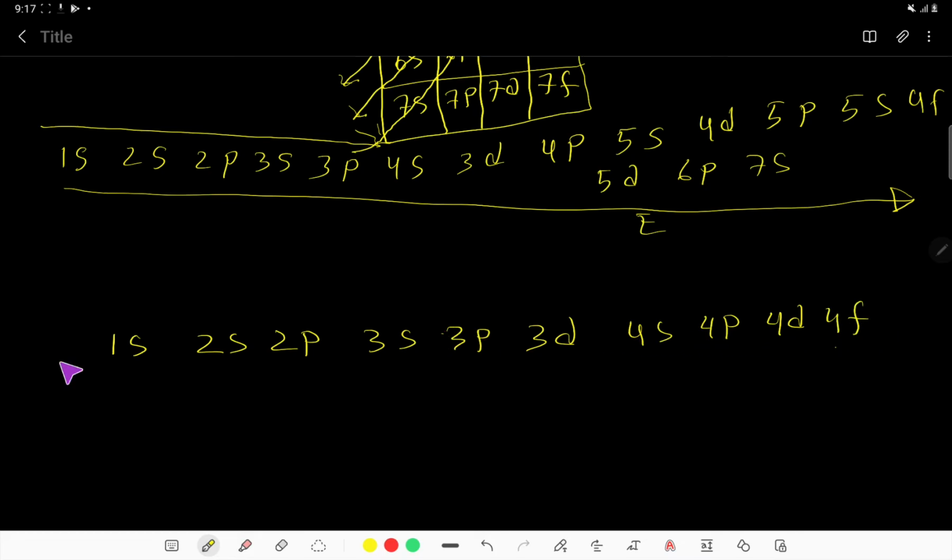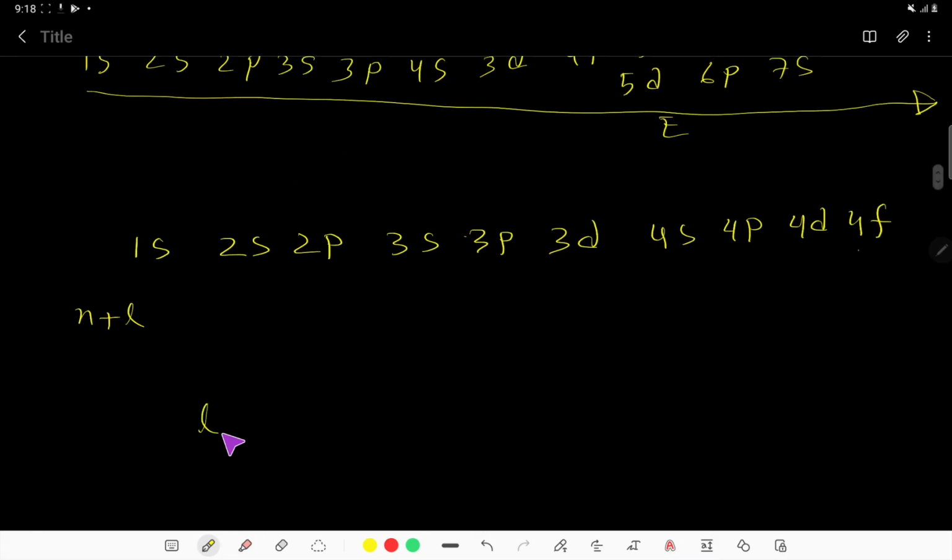So we'll find the energy of these subshells by n plus l value. Look, the value of l is 0, 1, 2, 3: 0 indicates s subshell, 1 indicates p subshell, 2 indicates d subshell, 3 indicates f subshell.